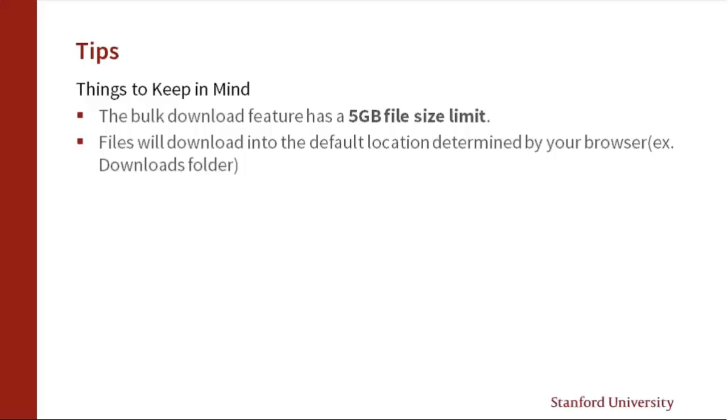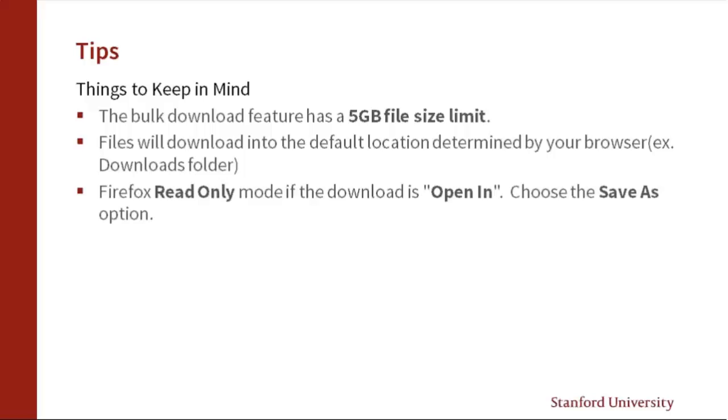That's where it's going to be. Some people forget or don't know where it gets downloaded to. And within Firefox, there is a read-only mode. If you download a file and select Open In, it's going to open as a read-only file, and you'll just be able to view it in preview mode, and you're not really saving it. So you need to choose Save As.